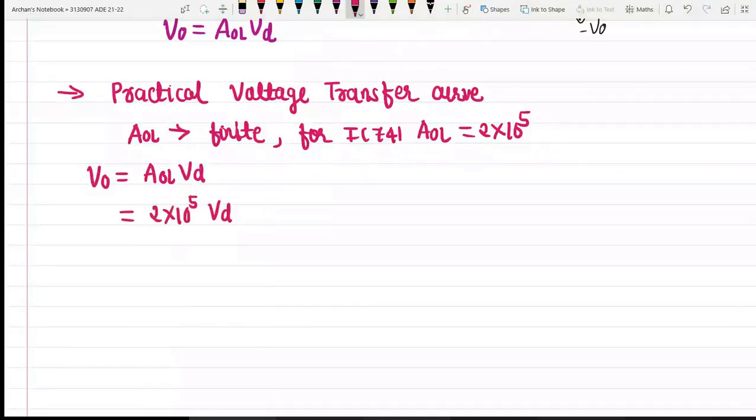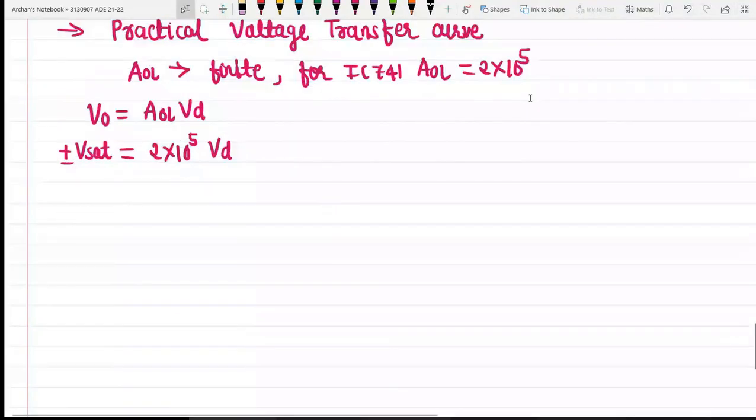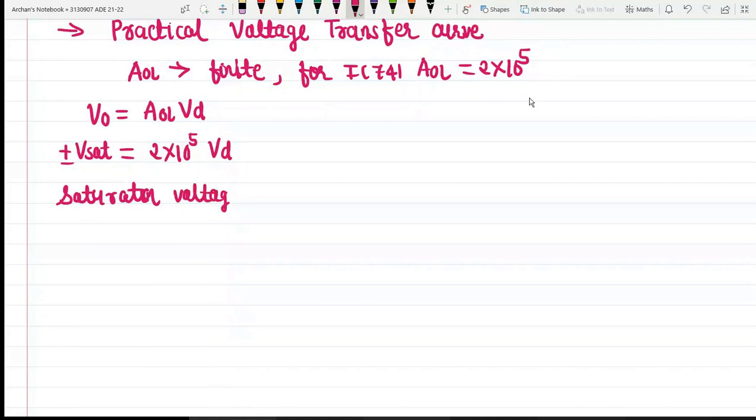The output voltage will now saturate. So plus Vsat will be equal to 2 into 10 raised to 5 times VD. And we know the saturation voltages are almost plus or minus 15 volt.